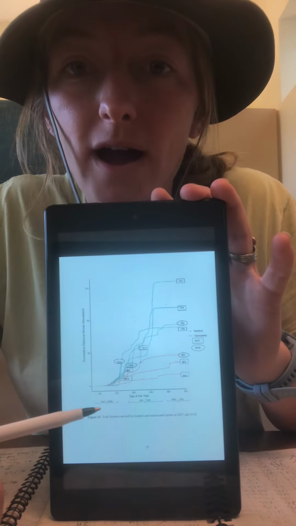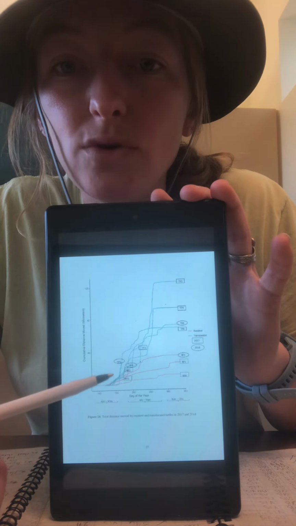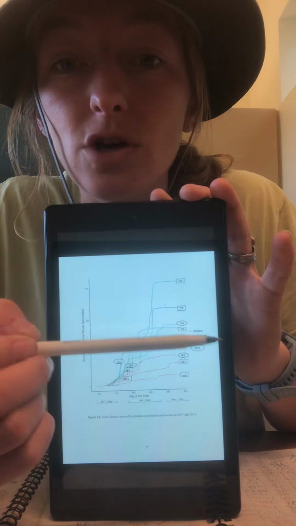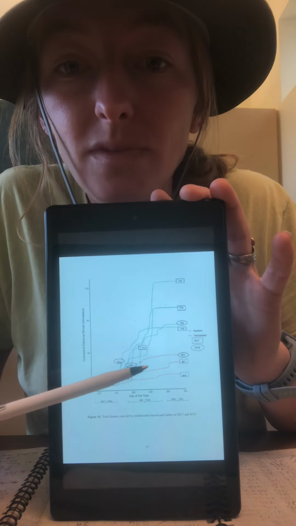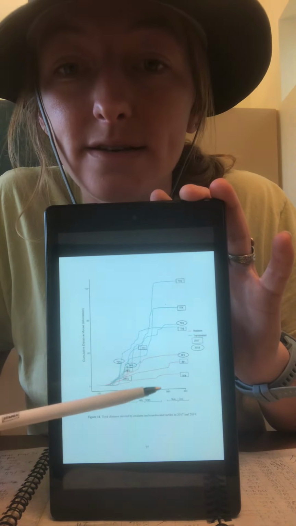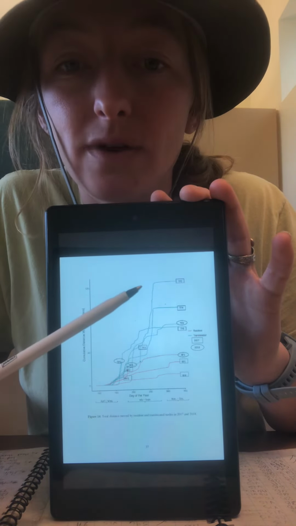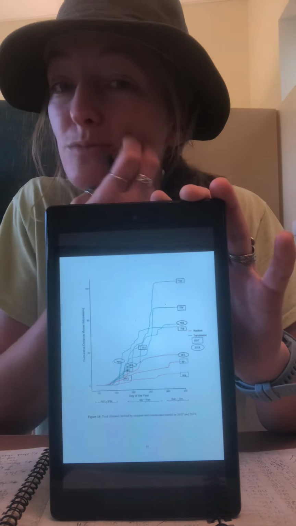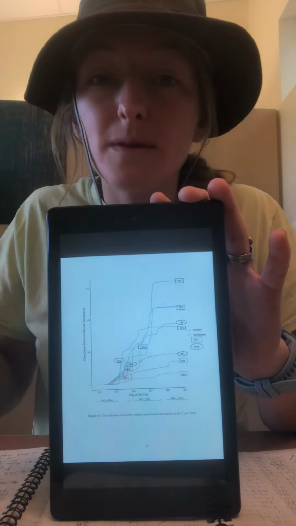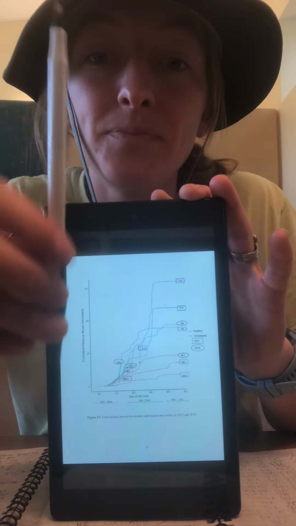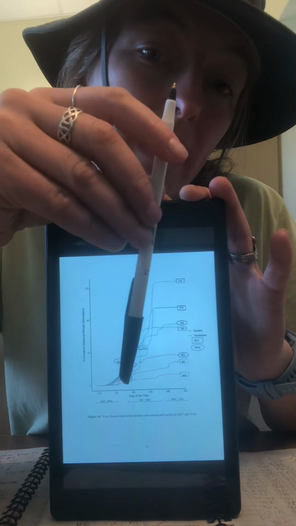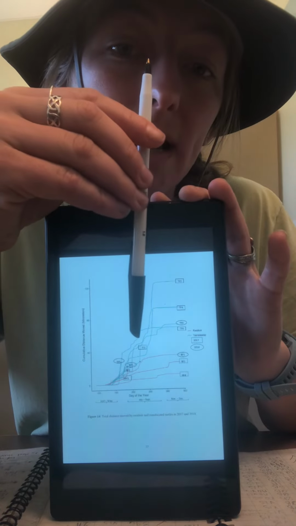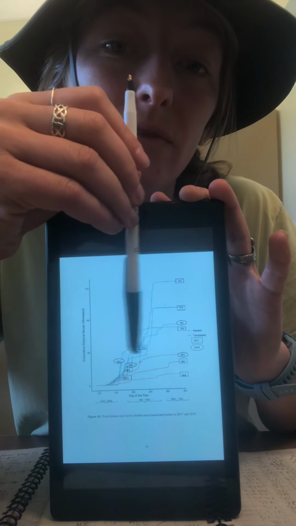Now, this graph is taking those daily distances moved and having them accumulate throughout the year. And what it's showing you is there's these red lines are resident turtles and the blue are translocated. And so you can see how much farther the translocated turtles moved within the year. Something else that this graph is telling, so if you look at the slope of the line, you can see that the blue lines are much steeper than the red.